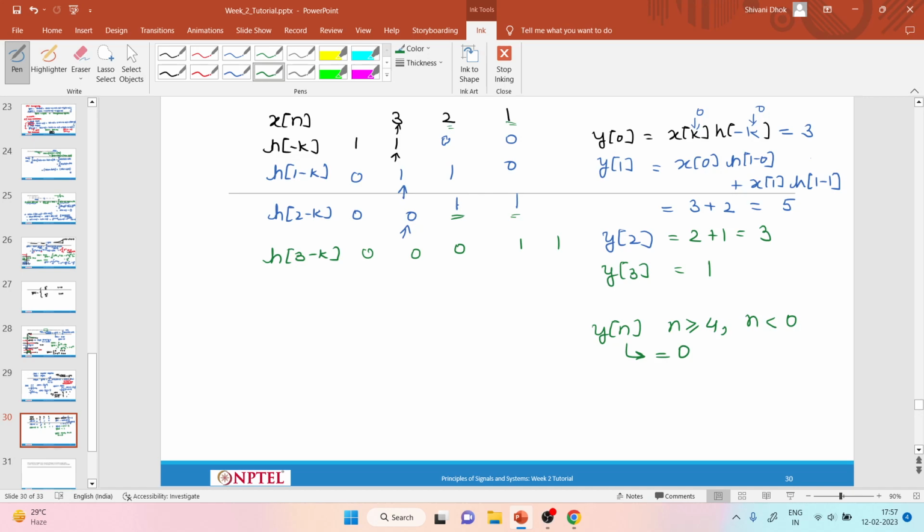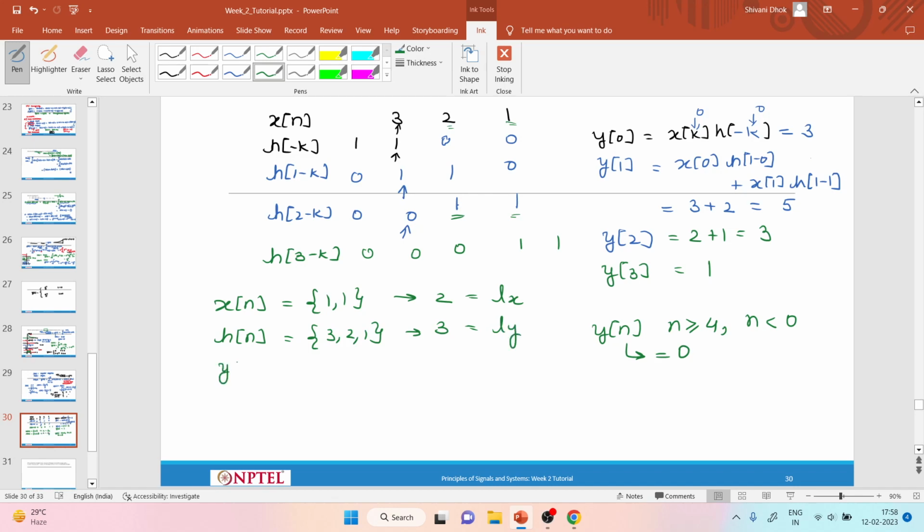Now let us look at the length of these two sequences. My x of n was a 2 length sequence, so let's say L of x was 2. If I look at my h of n, it was 3, 2, 1, so that is 3, which is L of h.